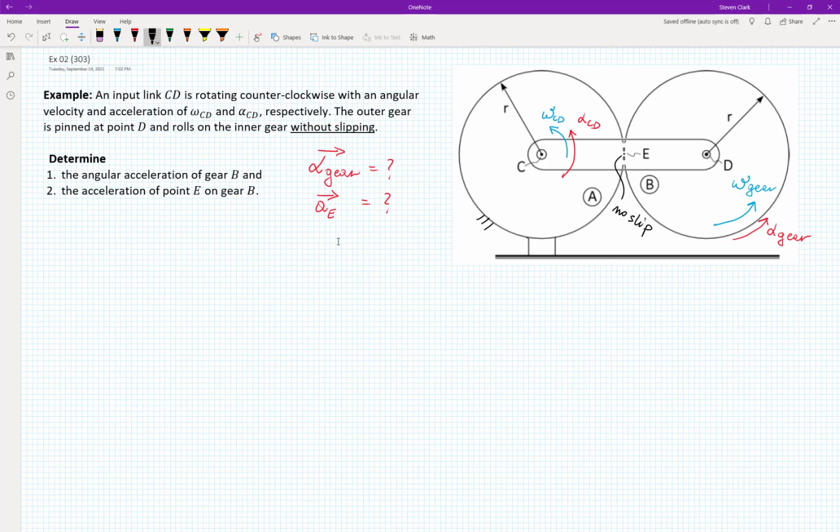We also have another cylinder. I refer to it as gear. So we have cylinder B, gear, that is rolling on top of the other cylinder, right? And it rolls without slip, as you can see. No slip between these 2 cylinders. And these 2 cylinders are also connected by link CD.